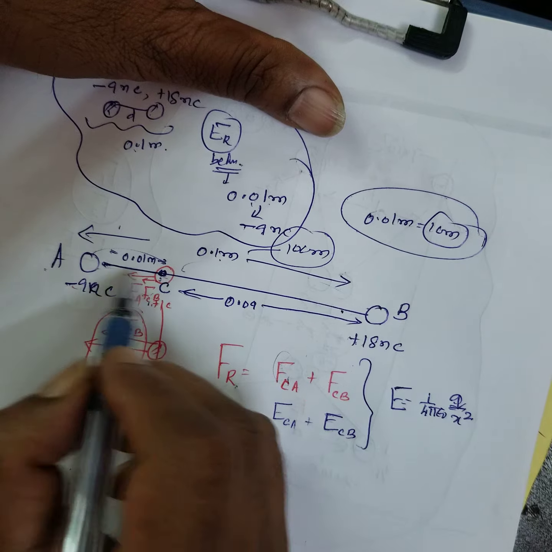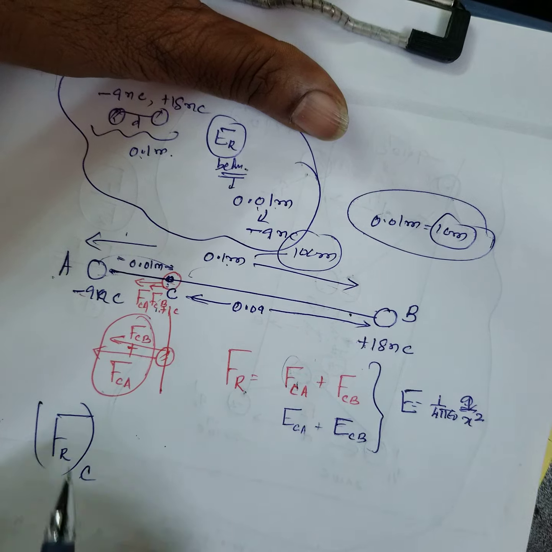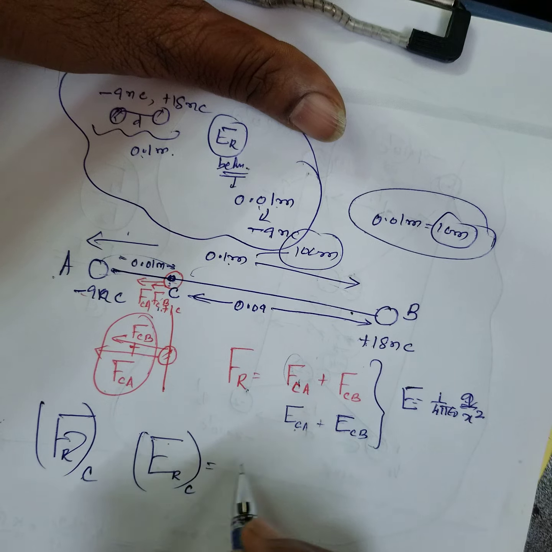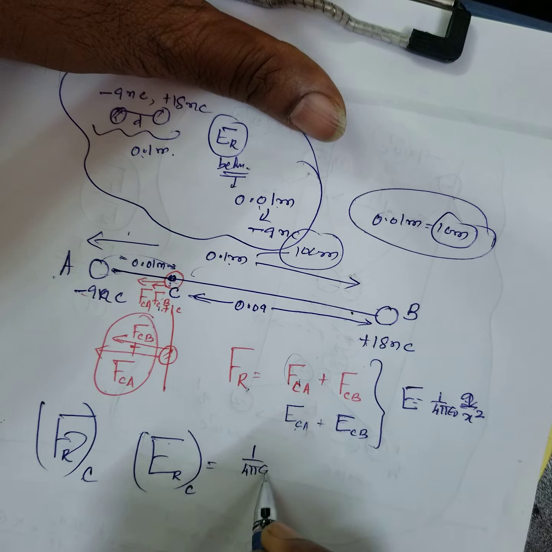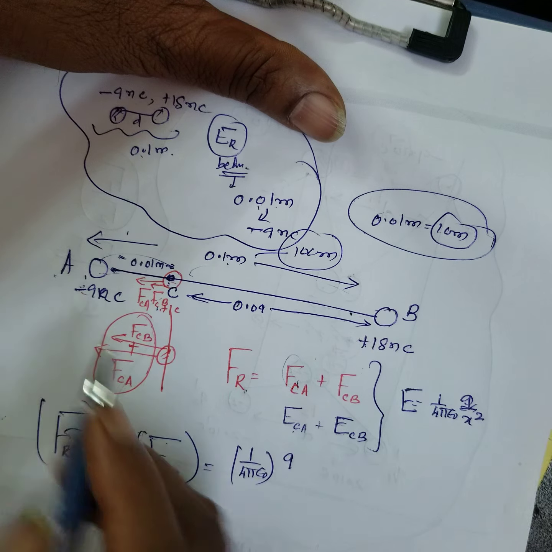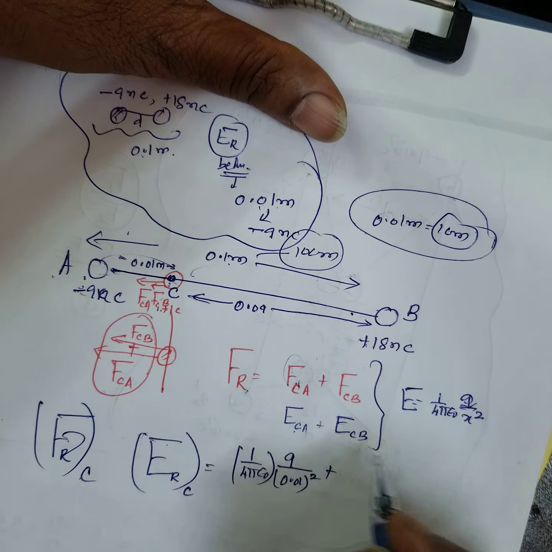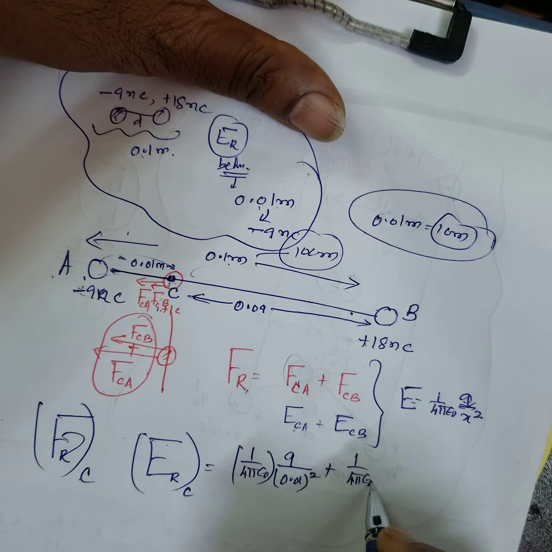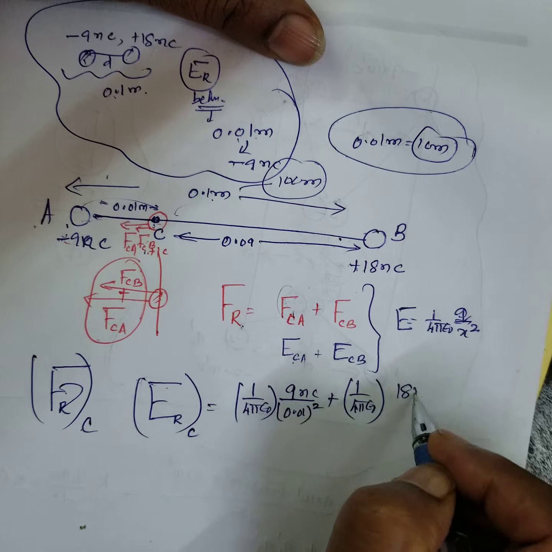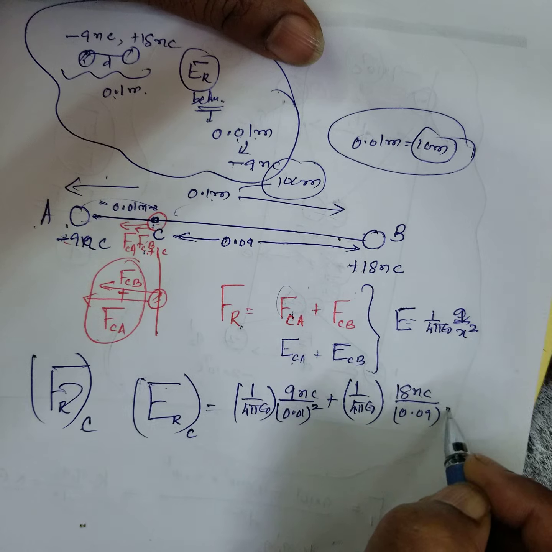Resultant electric field at C is E equals 1 by 4 pi epsilon naught, charge 9 (don't bother about minus), by distance square 0.01 whole square, plus 1 by 4 pi epsilon naught, charge 18 nanocoulomb, by square of the distance 0.09 whole square.